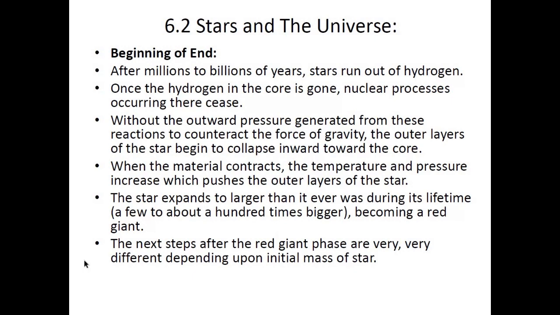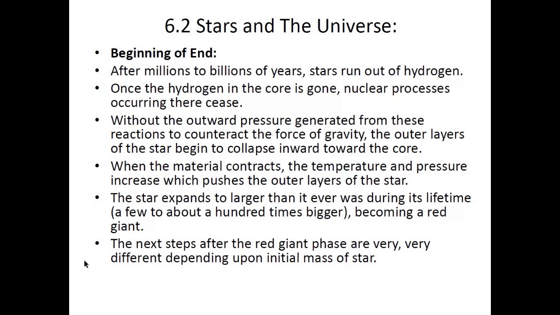This causes the star to temporarily expand to much larger than it originally was throughout its lifetime, and it can get as much as 100 times bigger than its original size, and at that point the star is known as a red giant or a red supergiant.